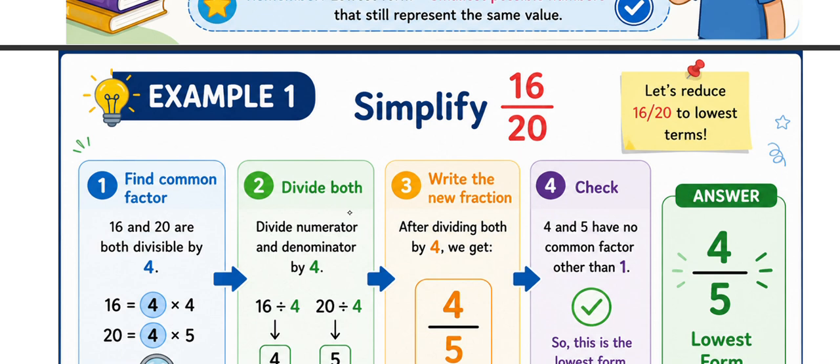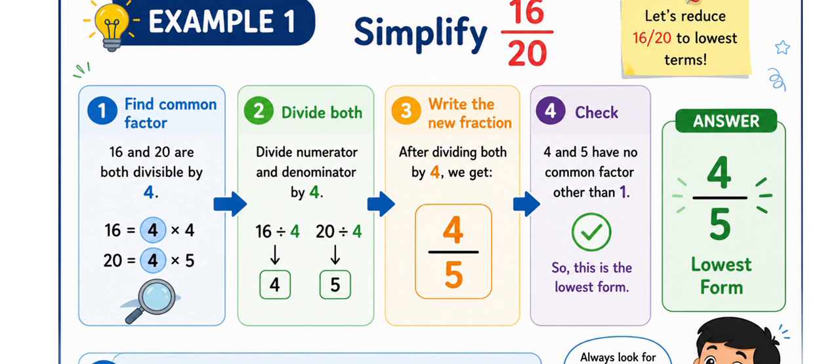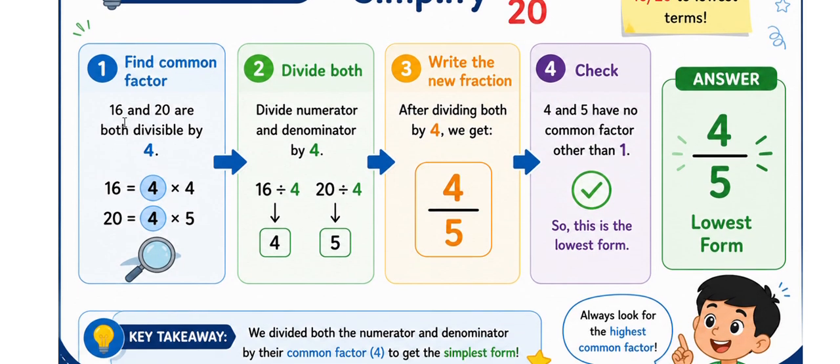See here. 16 and 20. We know that 16 comes in the table of 4. 20 also comes in the table of 4. It means 16 is divisible by 4 and 20 is also divisible by 4. Now 16 comes in the table of 4 how many times? 4 times. So 4 fours are 16.